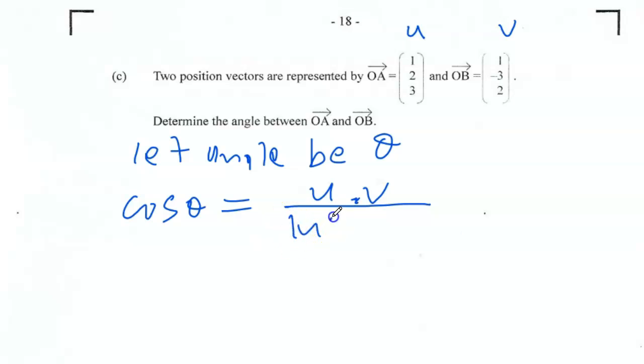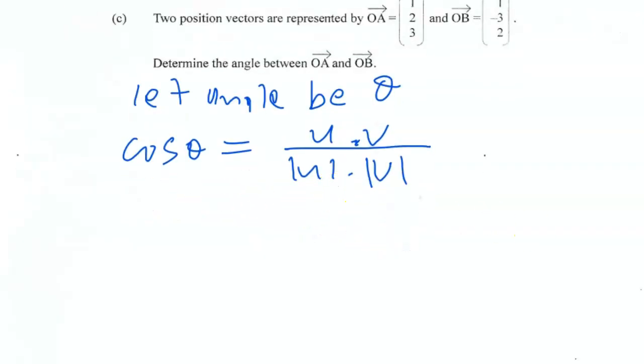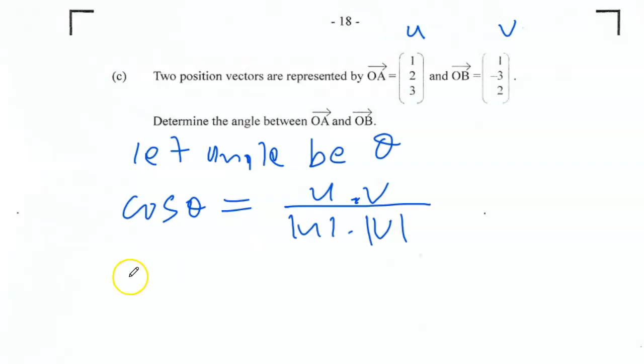So modulus of U times the modulus of the other vector, V. So cos theta would be equal to (1, 2, 3) dot the other vector (1, minus 3, 2).